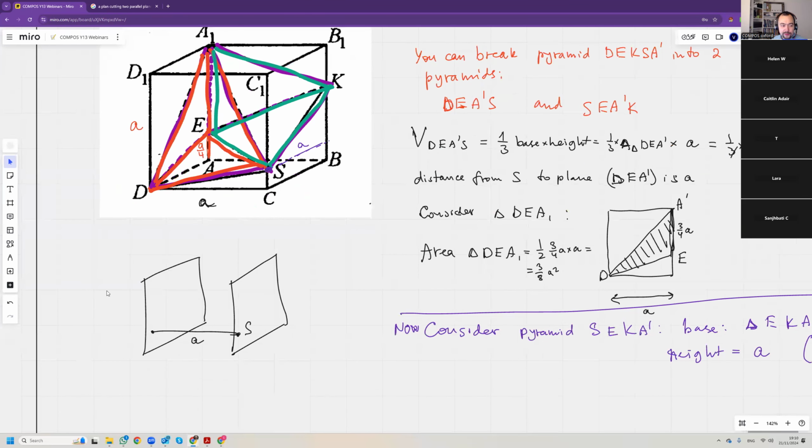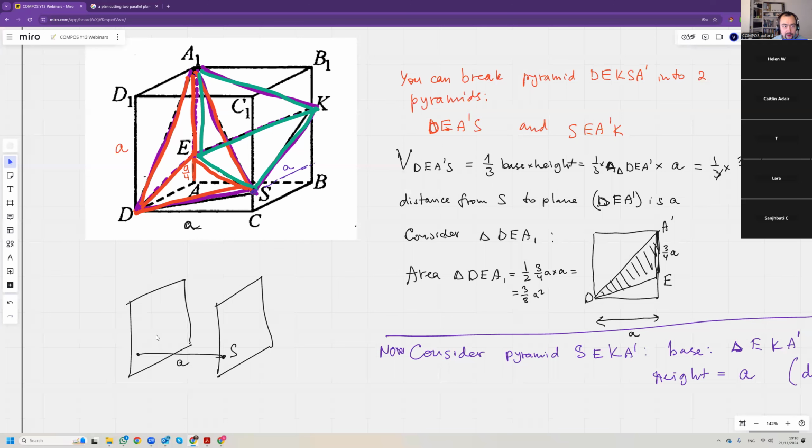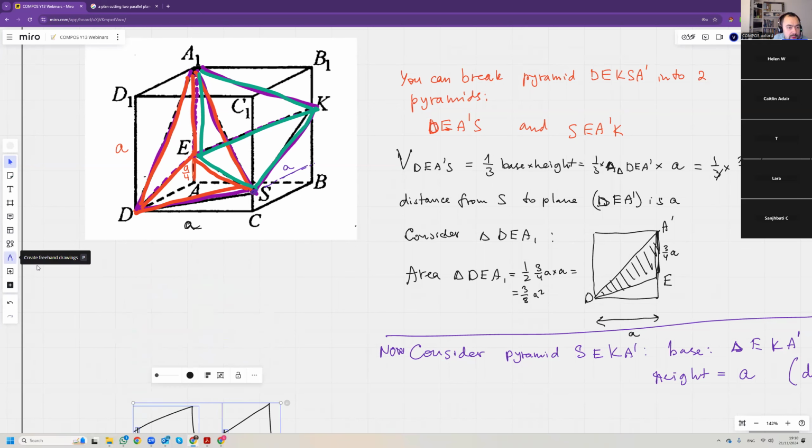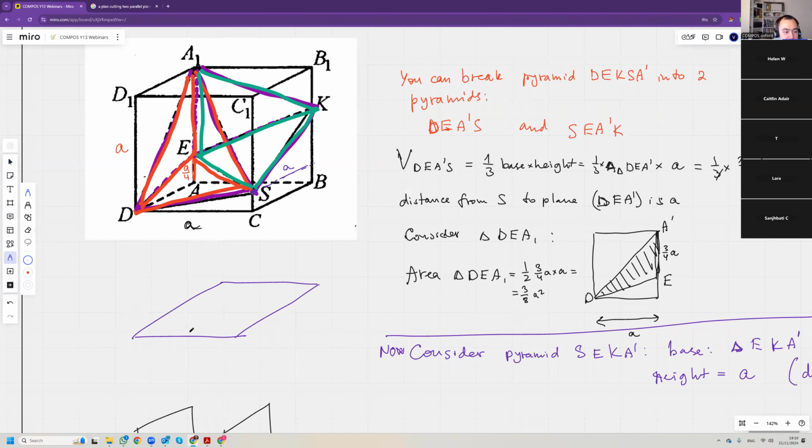Let's just draw it in a different way. Suppose this plane is ABA'B', so this is a square.